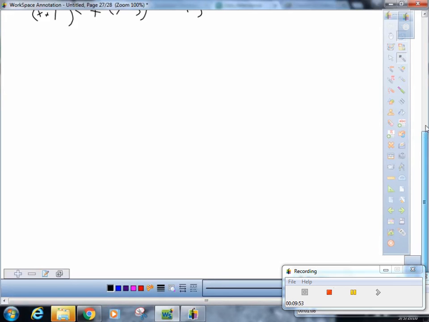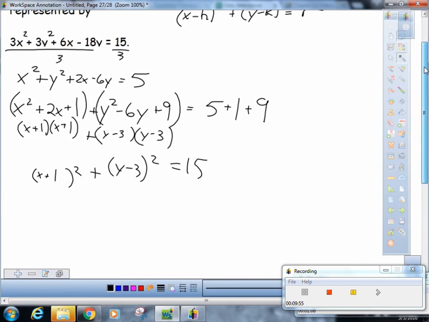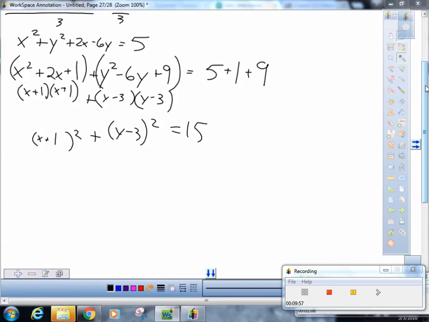I'm scrolling back up. Now, does that look more like what you want it to look like? So what's the radius? It's radical 15. Because remember, that equals r squared. So what's the diameter? We'll just call it 2 radical 15. They ask us to round our answer to the nearest tenth.